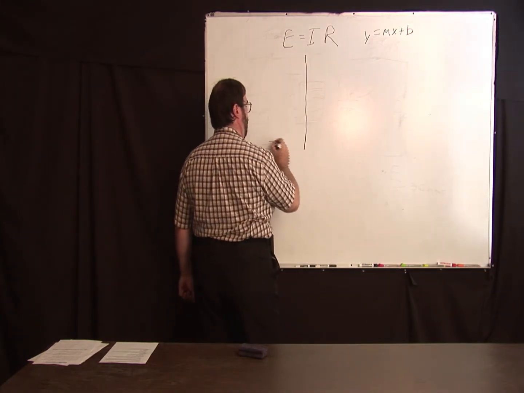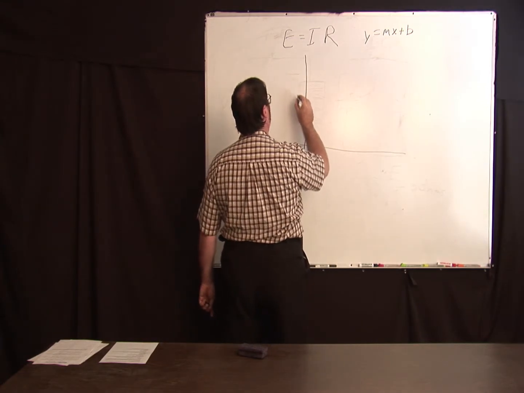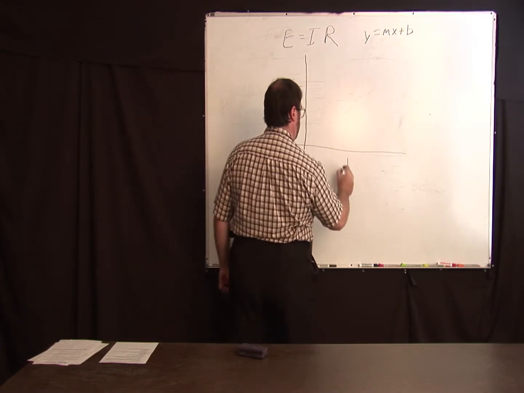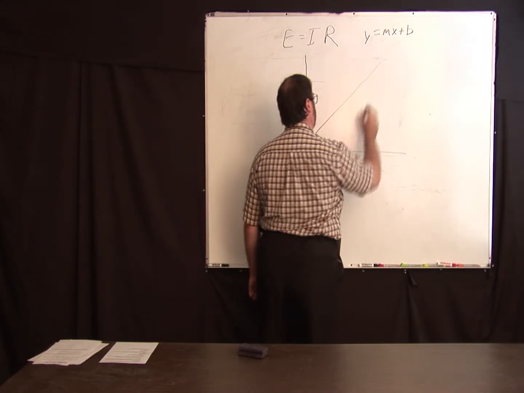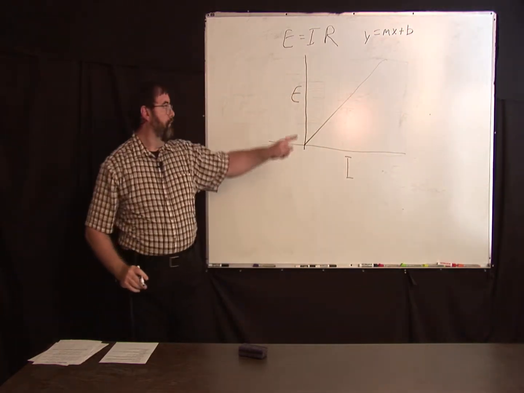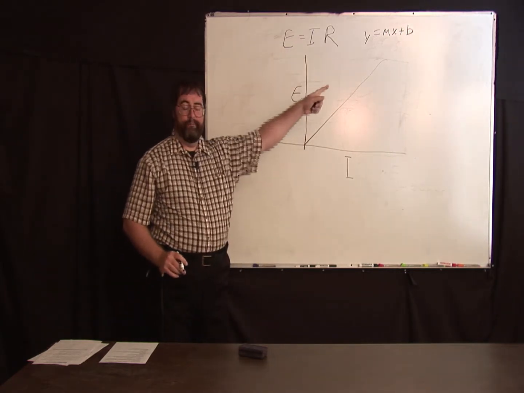So if you were to graph voltage as a function of current, you'd get a straight line.